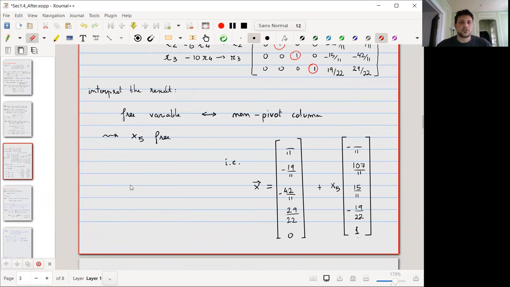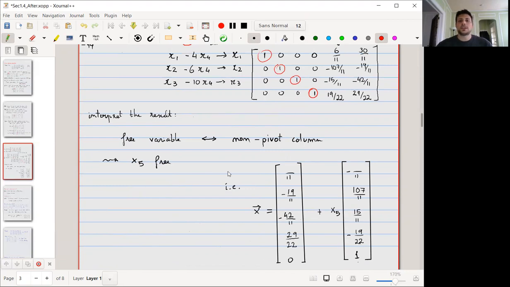Let's have a look at that matrix. Every row of this matrix will correspond to an equation in our linear system. I'll write the first row, that's x1 plus 6 over 11 x5 equals 30 over 11.